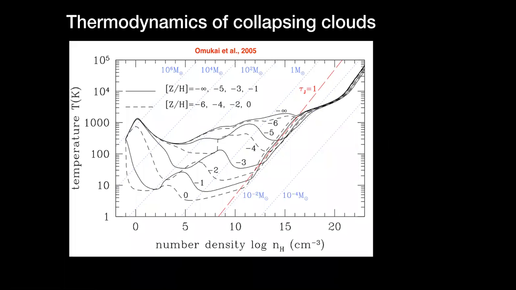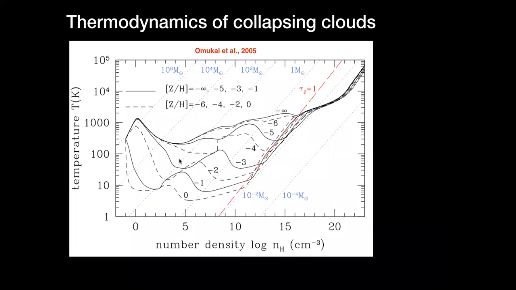This slide, I especially consider a very important one in terms of explaining how the star formation occurs, and also the stellar masses, which will be discussed in the IMF concept. So what you are observing here is the thermodynamical evolution of a collapsing cloud, the temperature with respect to the number density.